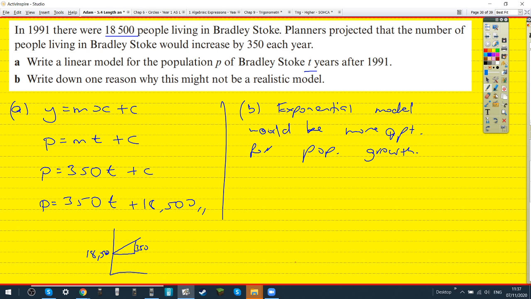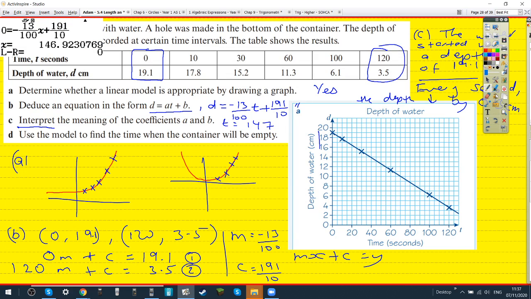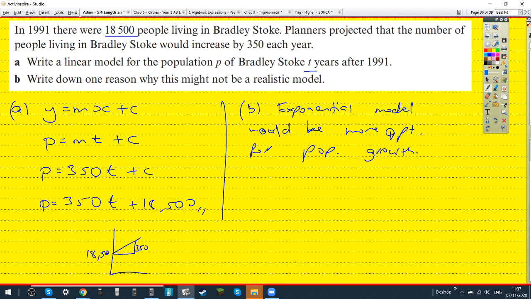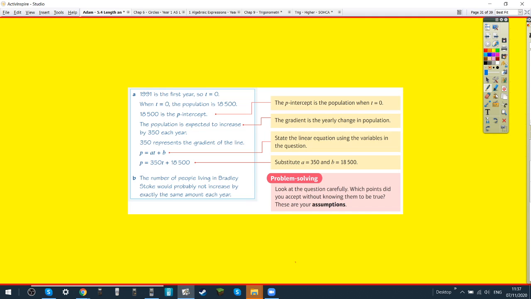What did that represent? The amount of people that are living there. Yeah. And C was 19.1 for this one. What did that represent? The depth of water. When? When time was 0. Yes. This was the number of people at time 0, like at the beginning.